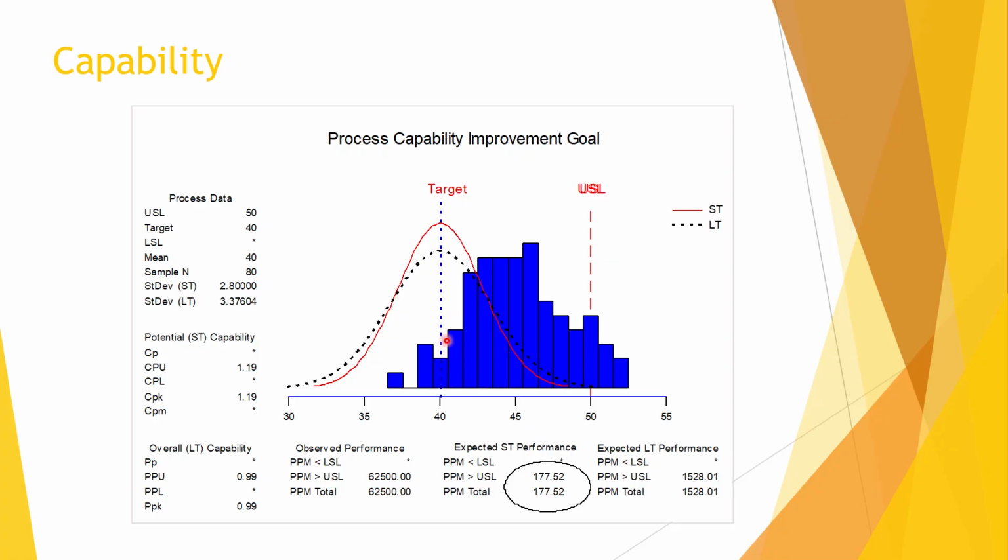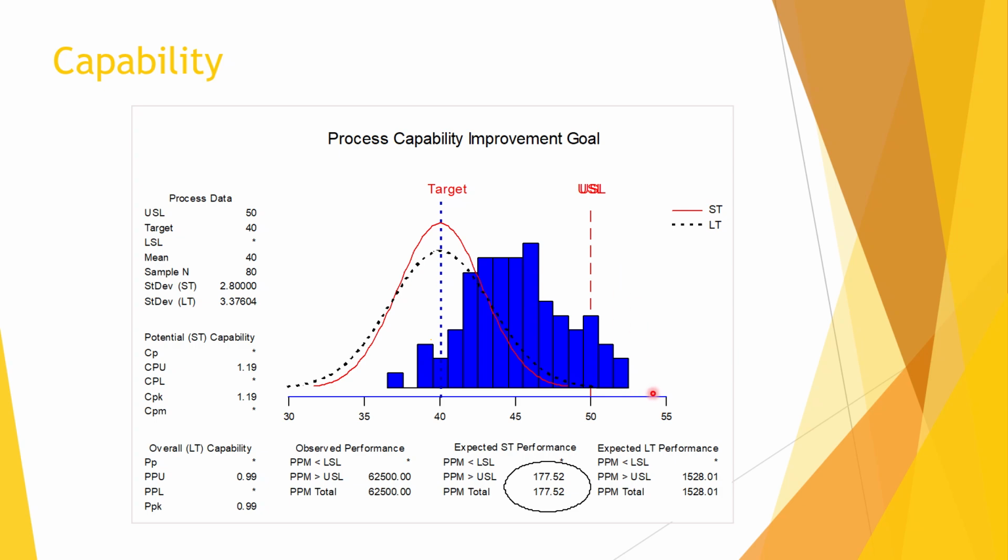This is the mean, y'all. Do you see that? If you want to see what the mean is, or the average, it's right here. So the mean, also known as the average, is 40. Where do you find it? Right here. It's 40, and this is the upper specification limit.